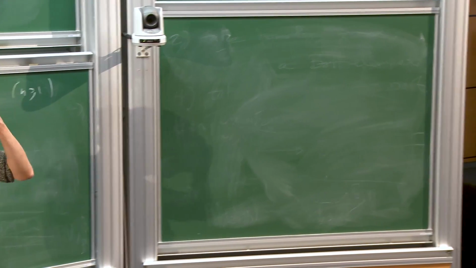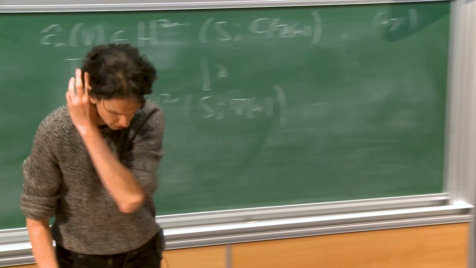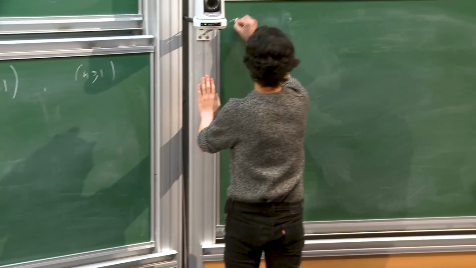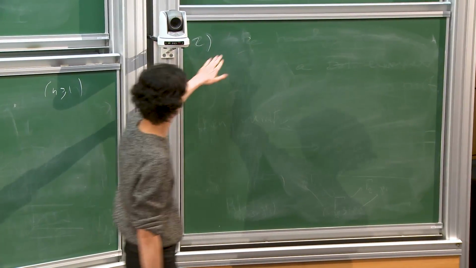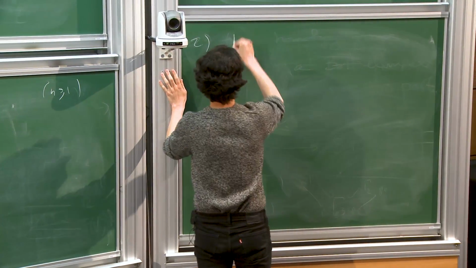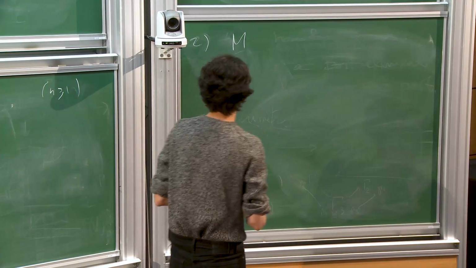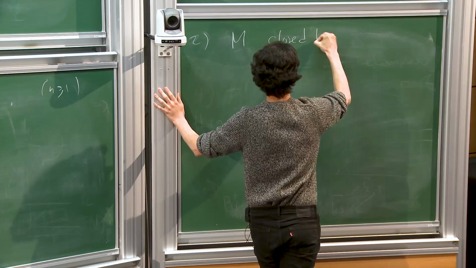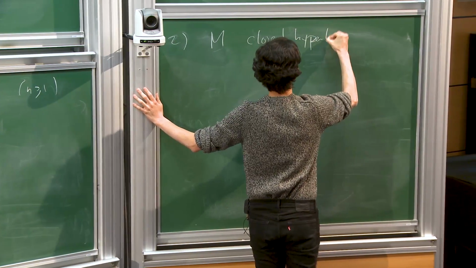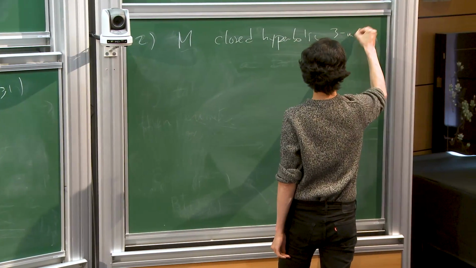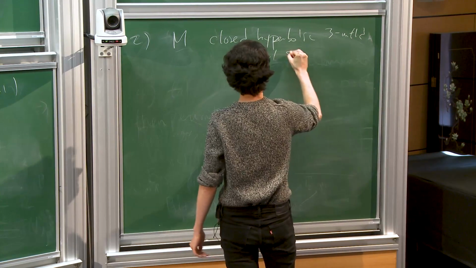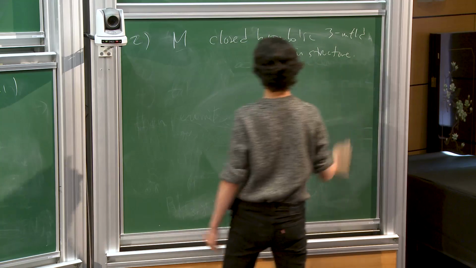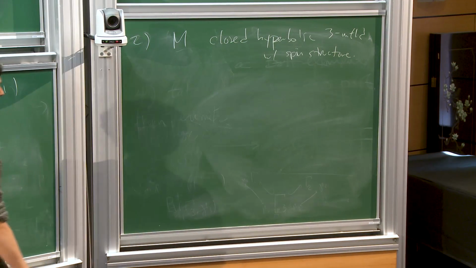That's one thing. Another thing showing that the theory has real content is some situation from manifold topology. Let me stick to the absolute simplest setting. Let's say M is a closed hyperbolic 3-manifold, and let me equip it with a spin structure. This is for simplicity, basically.